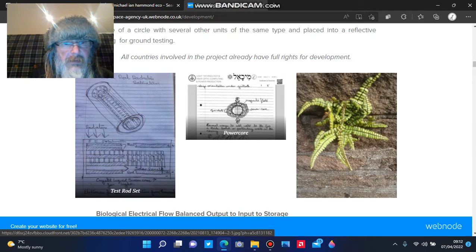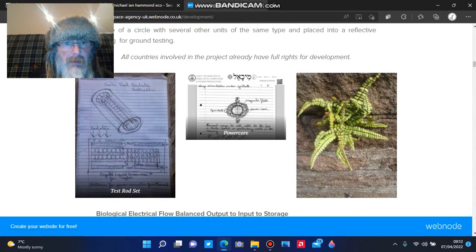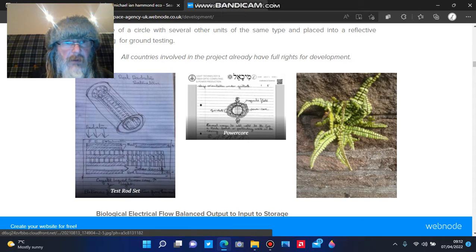Now this particular device is only a power production unit. The actual power storage of physical stored energy in physical stored hardware is also the same process. You flow the electrical bioliquids over the actual hardware, which then stores the electrical energy as it flows over it.